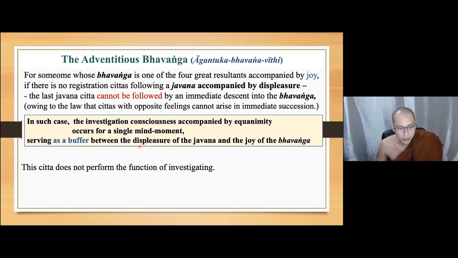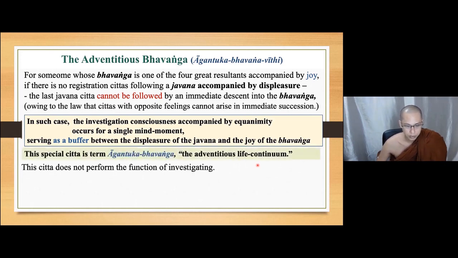Here, the displeasure jhana and the joyful bhavanga are directly opposed to each other, so there needs to be a buffer. So the investigating consciousness accompanied by equanimity arises to perform as a buffer between two opposite consciousness moments. That's why the term adventitious bhavanga is suitable for that mind moment.